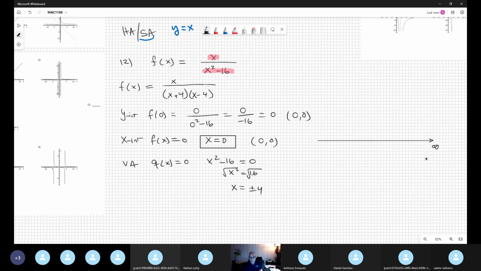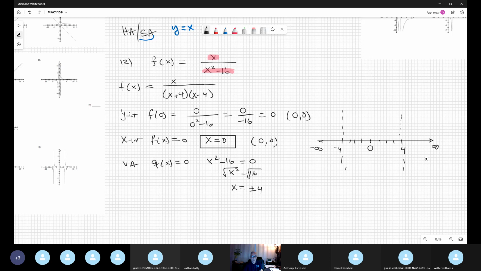This is infinity positive. This is infinity negative. 0 is an important point in the graph because it's the y-intercept and x-intercept. And also we have positive 4, 1, 2, 3, 4, and negative 4, 1, 2, 3, 4. We have 2 vertical asymptotes. This is the situation that we have so far.